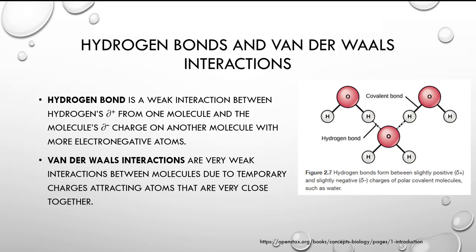Well, those little hairs on their fingertips, their little digits, I think they're called papillae, can form these temporary bonds with the wall, and just that brief interaction can form a very weak attraction to the wall that allows them to cling to it. Okay, and so those are called van der Waals interactions. So they're very weak interactions between molecules, and it's just due to temporary charges attracting atoms that are very close together.